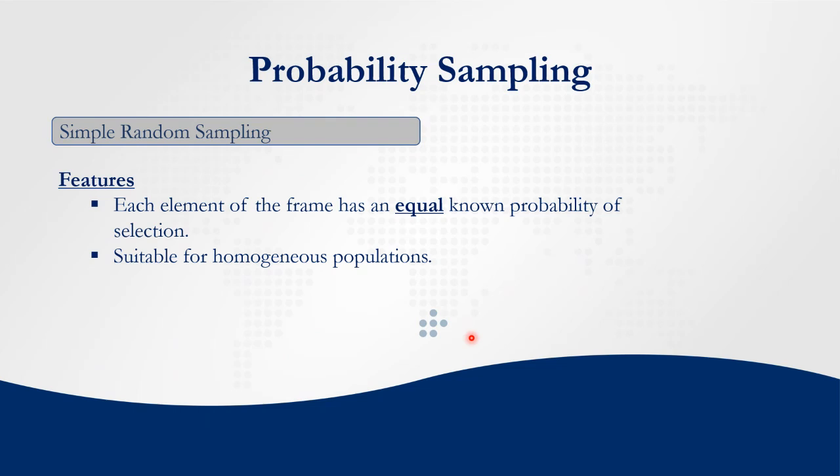So with simple random sampling, as I've said, each element has an equal chance of being selected. So it is suitable for homogeneous populations. If you're going to take the students from the universities and do simple random sampling, you are actually assuming that with regards to the variables of interest, they are the same.